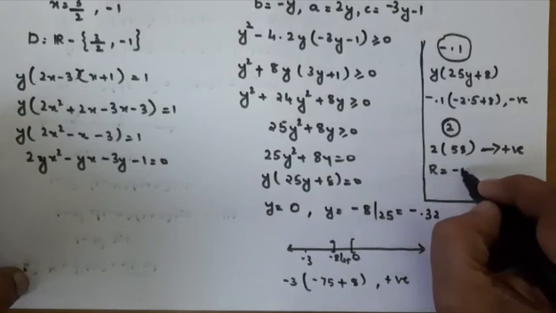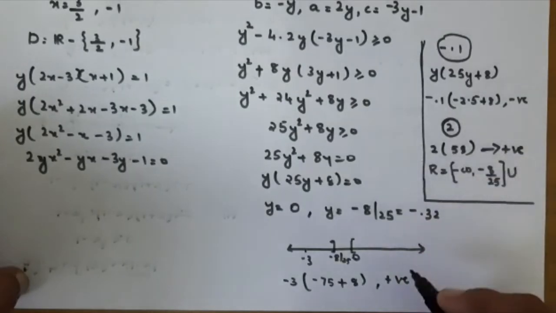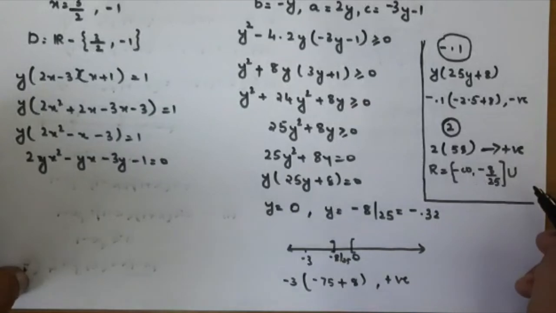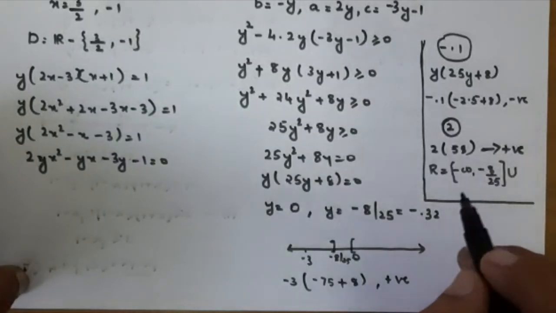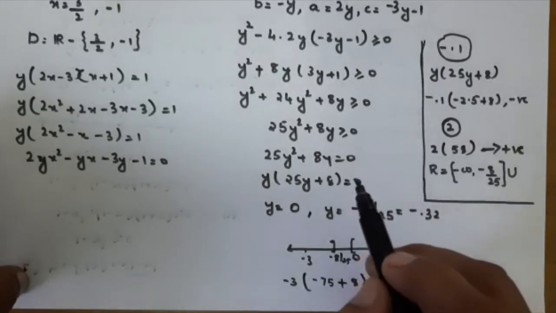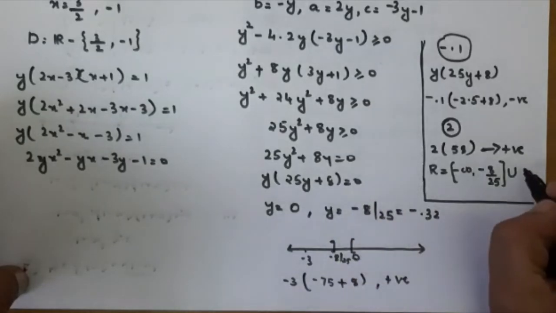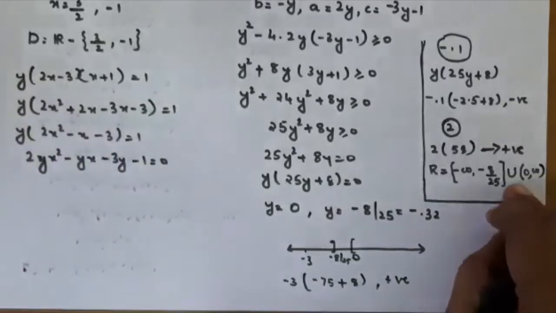What are they? Minus infinity to minus 8 by 25. y can take the value minus 8 by 25. And union. Union of what? The third part. Third part is from 0 to infinity. You please remember, when I consider the range, I already said 0 has to be avoided from the range. Therefore, how will you write the third part? Third part is from 0 to infinity. That means 0 is excluded.